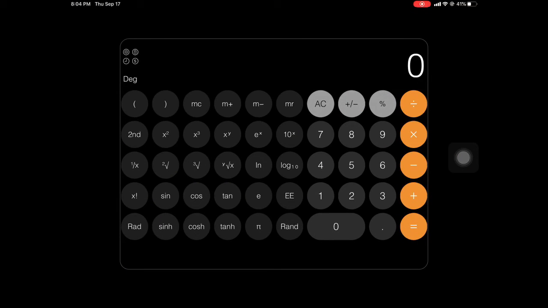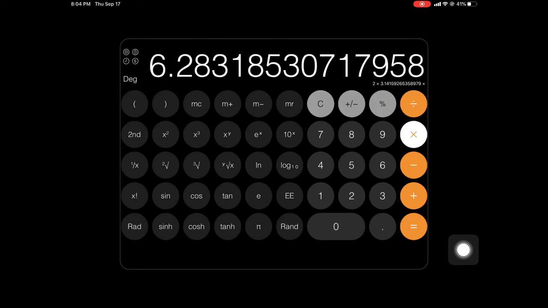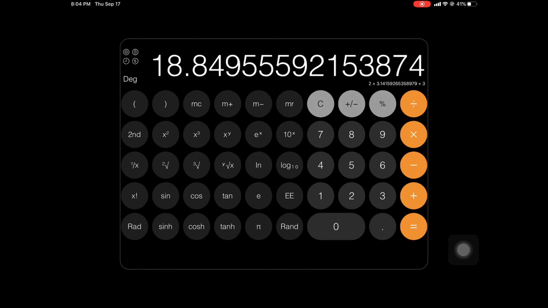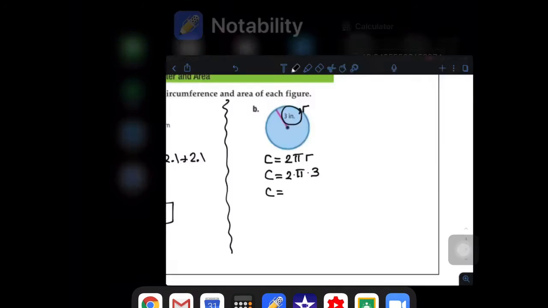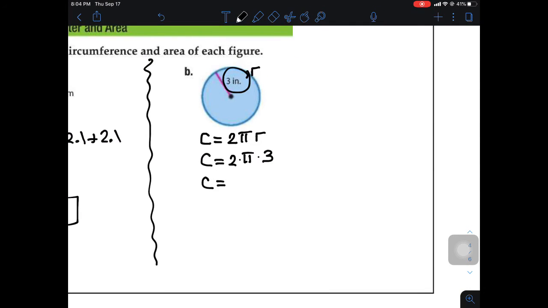Actually use your calculator's pi button. And if you're using your Chromebook, I'm sure when you pull up the calculator, pull up a scientific one. Online, you can pull up scientific and make sure you use the pi button. So 2 times pi times 3 is 18.84. So we could say 18.8 and just round it. And that is inches.